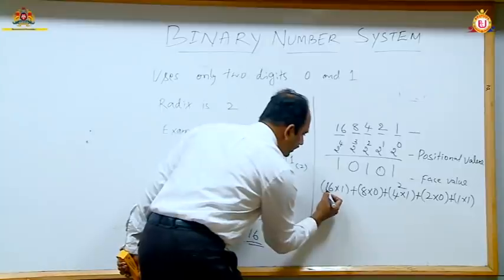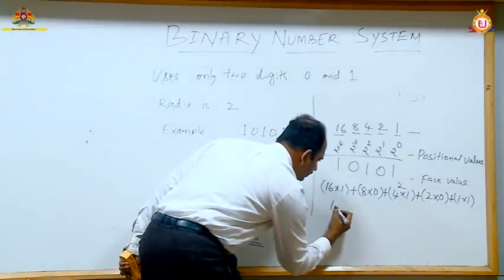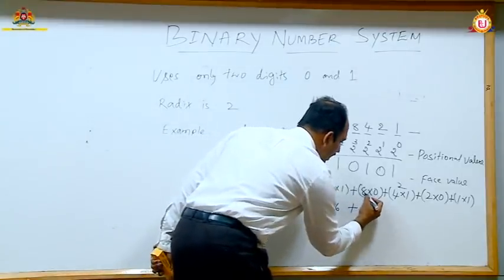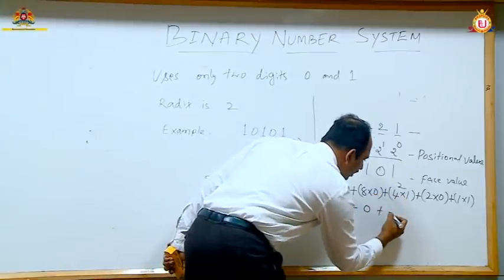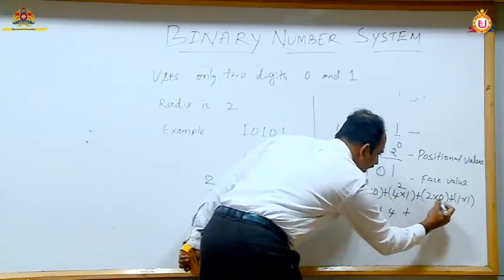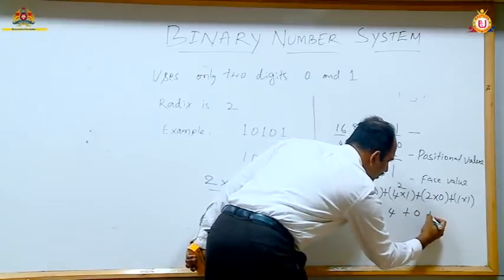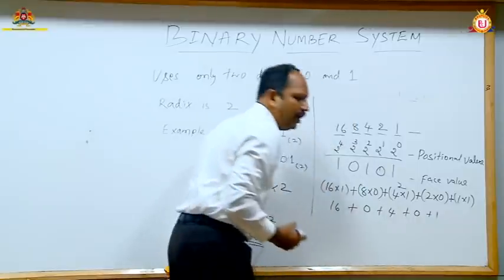So, what is 16 times 1? 16. Plus 8 times 0 is 0, 4 times 1 is 4, 2 times 0 is 0, plus 1 times 1 is 1.